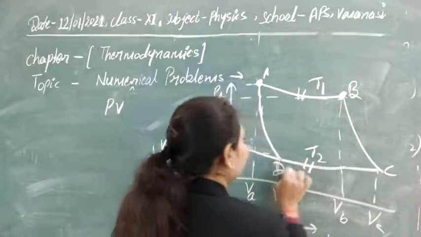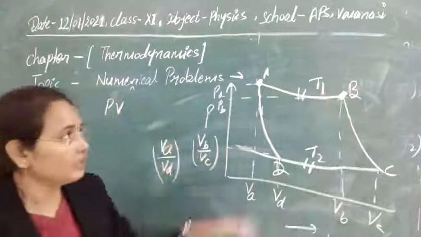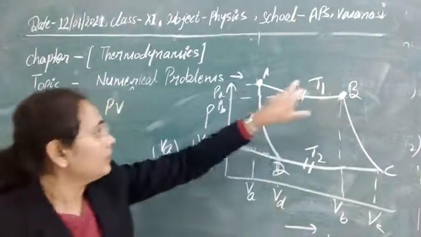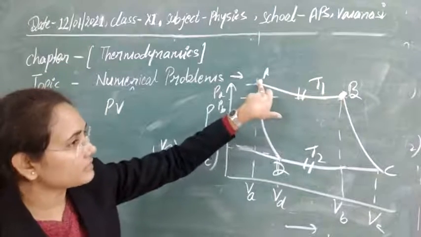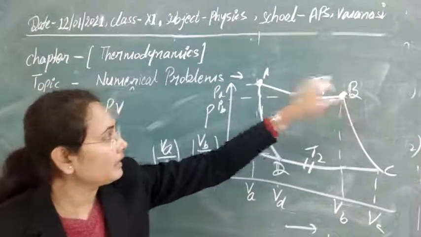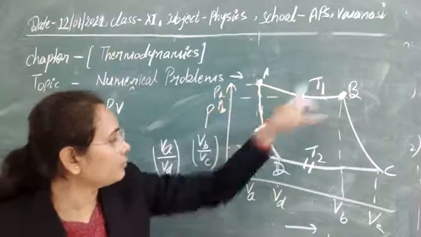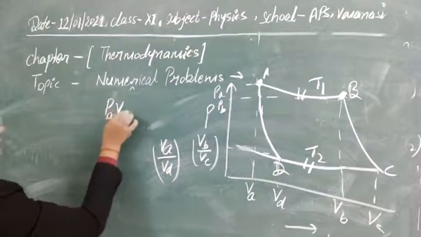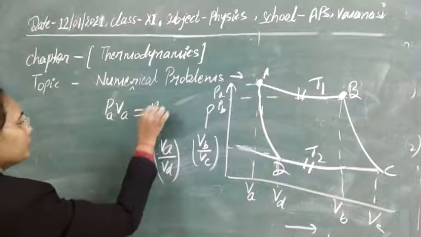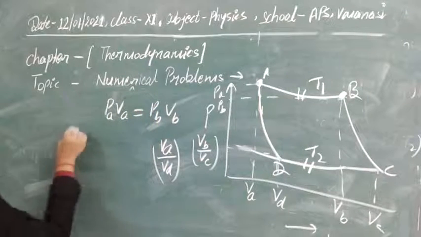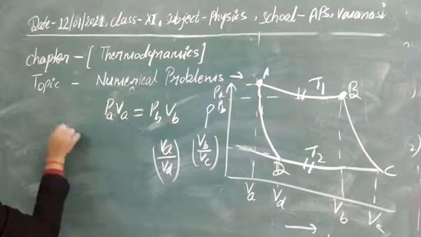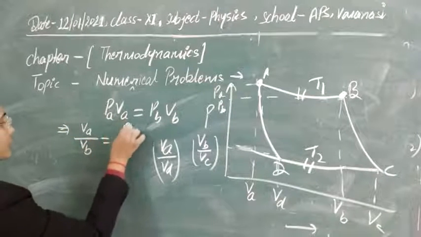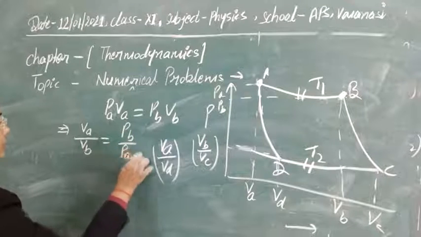First of all, just take A and B. Going isothermally from A to B, the pressure changes from PA to PB, and the volume changes from VA to VB. So write down the formula: PA VA will be equal to PB VB. From here you can calculate the value of VA upon VB, which is PB upon PA.